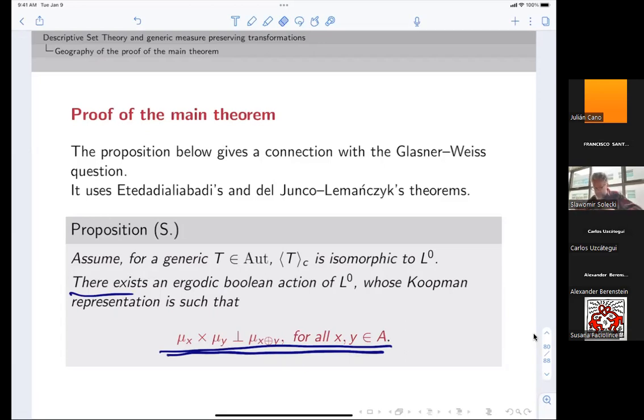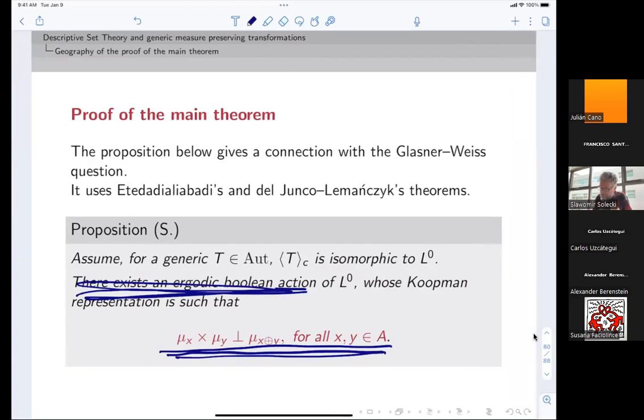So I put all these things together and get this proposition using a descriptive set theoretic argument of the Kuratowski-Ulam type. Suffice to say that I get an action for which I have orthogonality, but that's trouble.